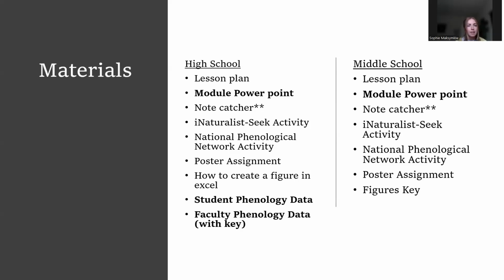The next thing is the NPN activity document. I have added screenshots to this document and I've tried to make it really simple for students to go through it pretty quick. And then the poster assignment, again, I've mentioned this, but the final product doesn't have to be a poster.